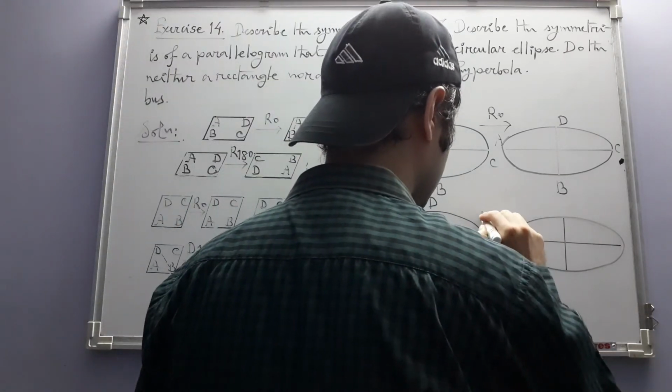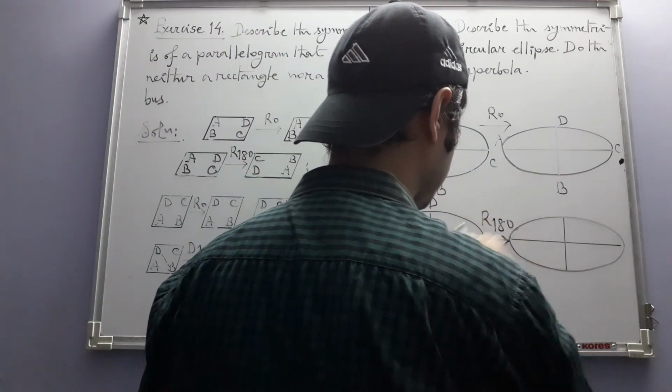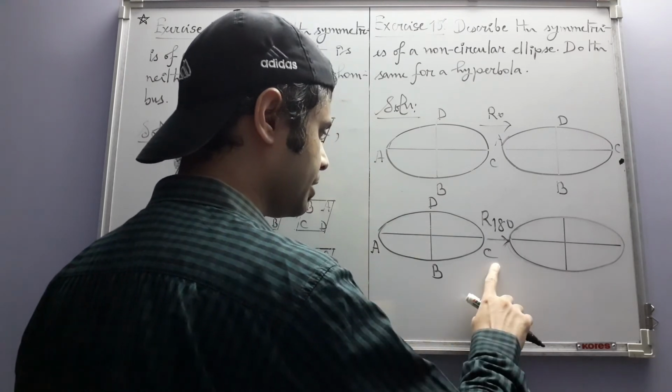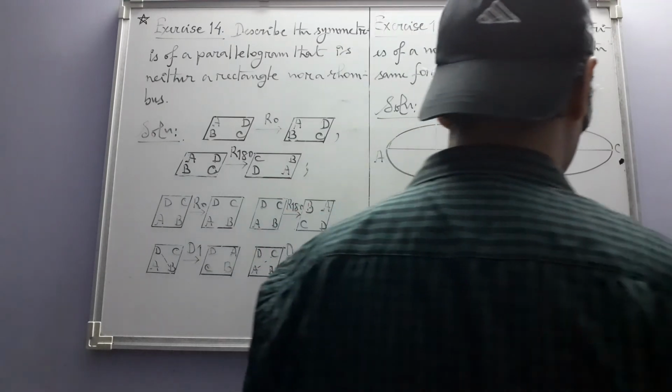Okay, so this is say R180. So if we do R180, A will first come here and then A will come here.